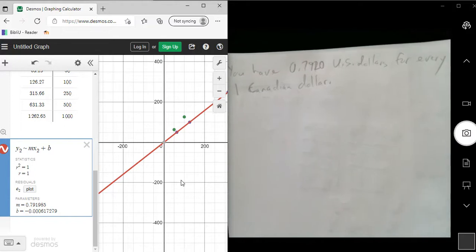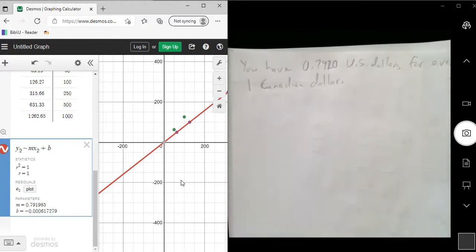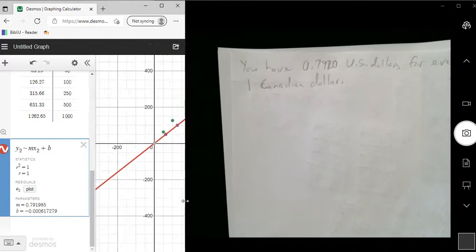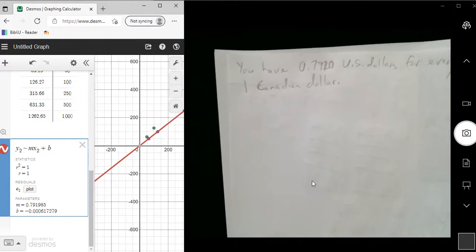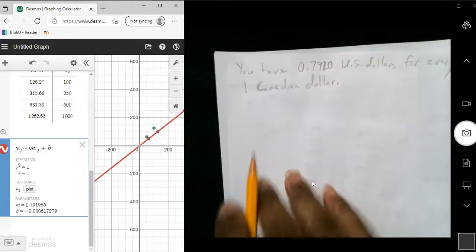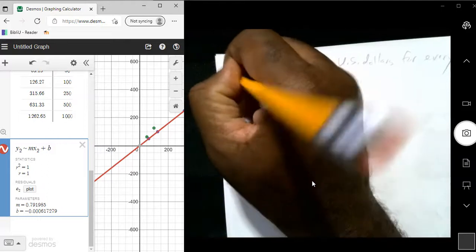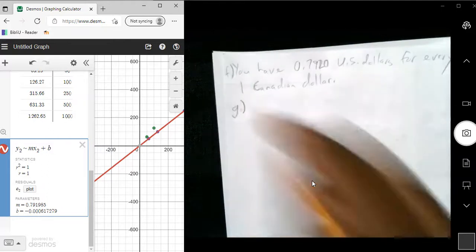So that is the practical meaning. Let me see if I can move this over a little bit. Oh yeah, that's good. Okay. So this is actually F. Now we go here to G.